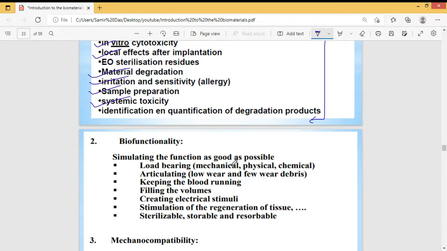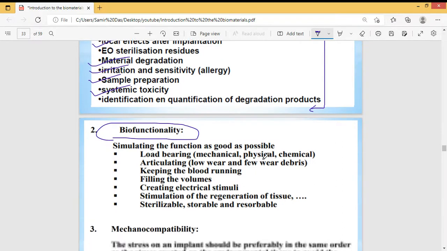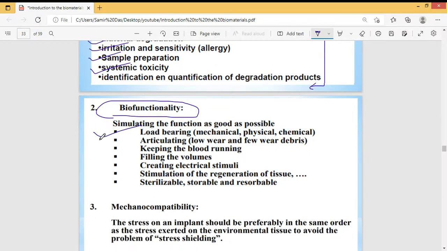Next, another property of the biomaterials is biofunctionality. So simulating the function as well as possible, such as load bearing, articulating, keeping the blood running, filling the volume, creating electrical stimuli, and so on. So biofunctionality is also very important.